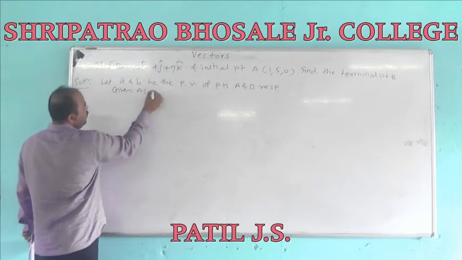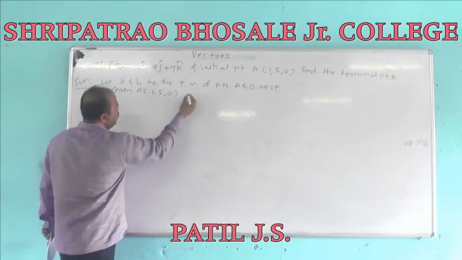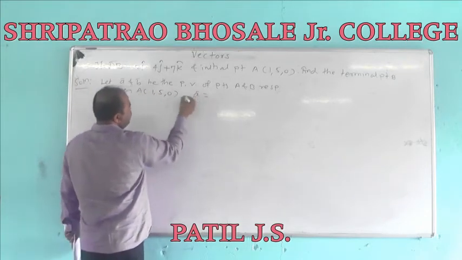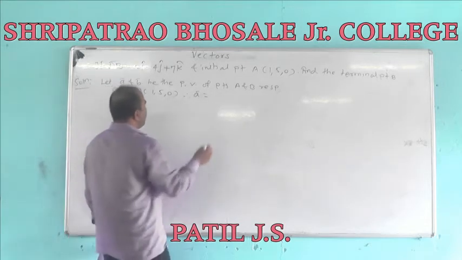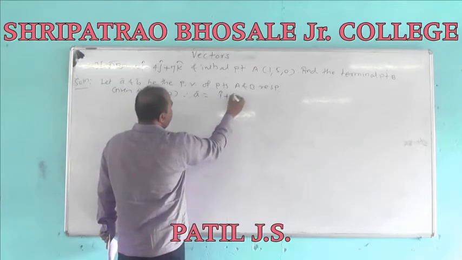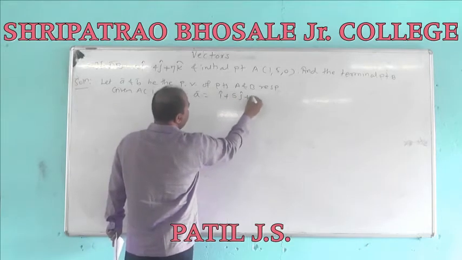Given the point A is 1, 5, 0, therefore A bar is equal to i cap plus 5j cap plus 0k cap.